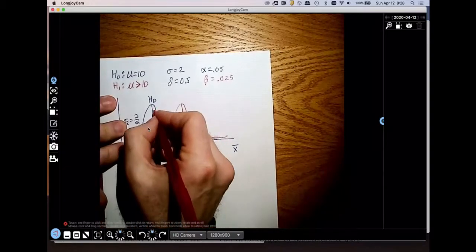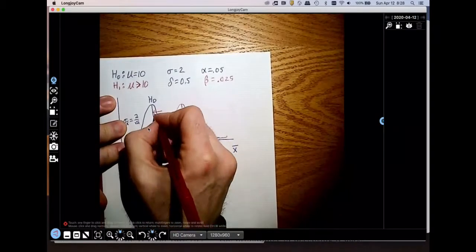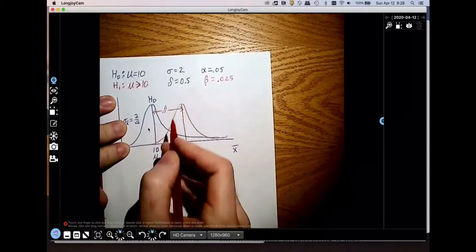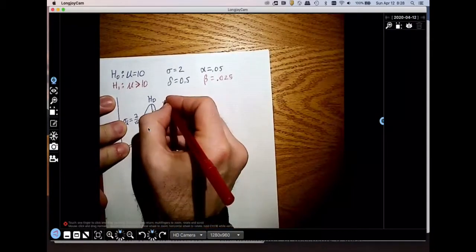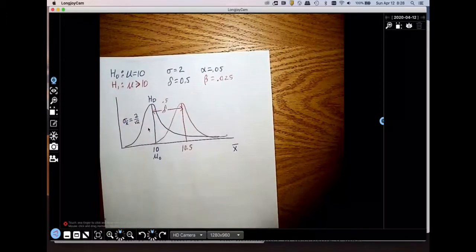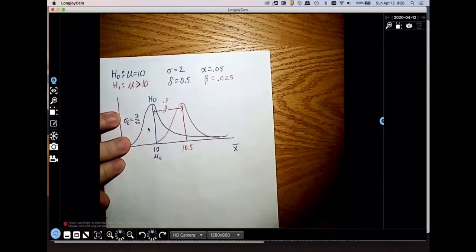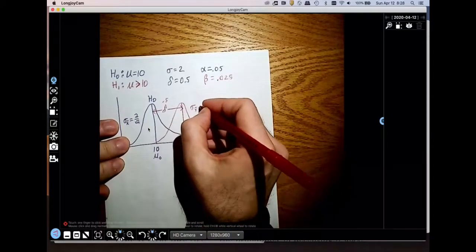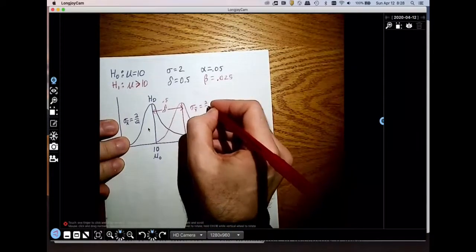So the difference between these two means I'm going to call delta. So delta is the minimum amount that I want to detect, and in this case, it's a half. Now, the variance of this distribution is going to be the same, so 2 over root n.